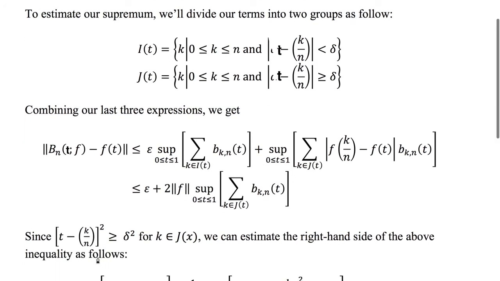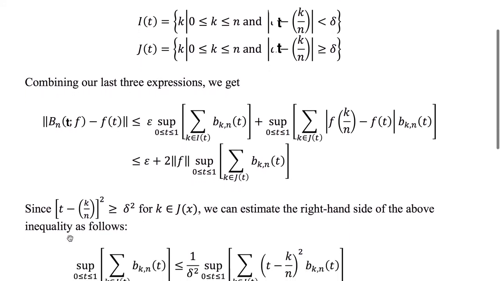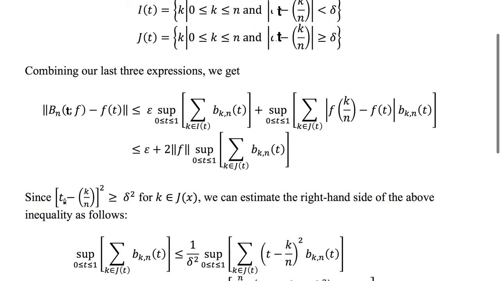So if we take the square of both sides, we get this expression. If we divide delta squared to the left hand side, we get that the quotient is greater than or equal to 1.